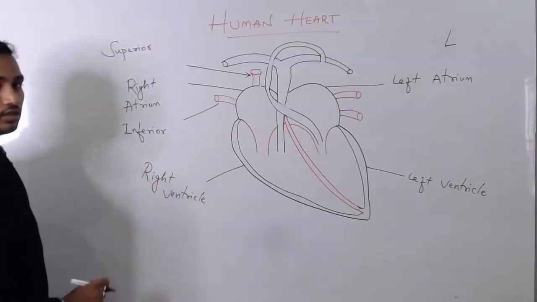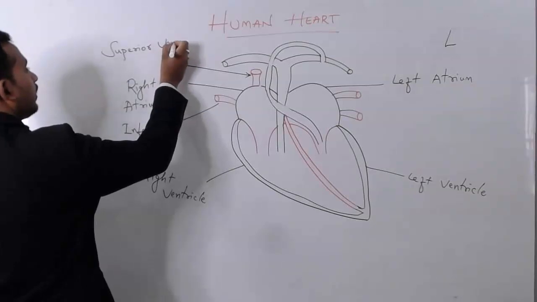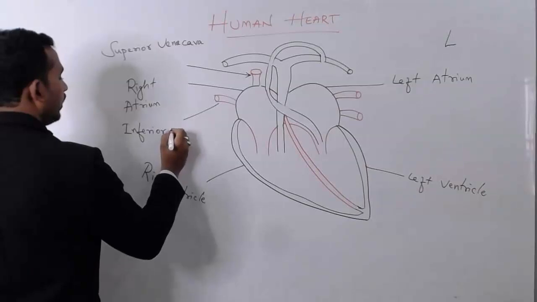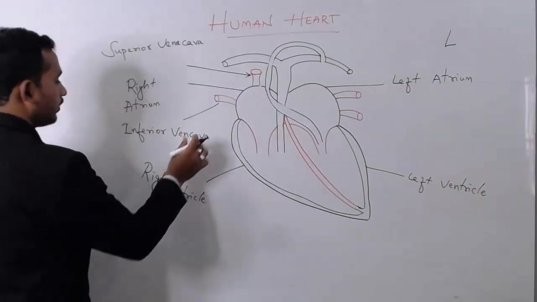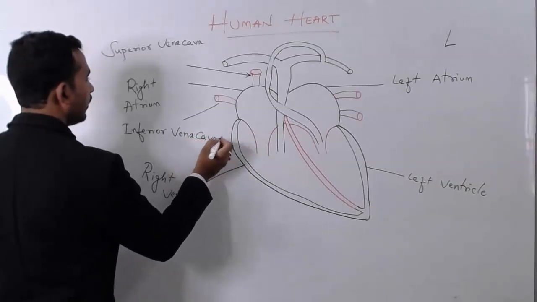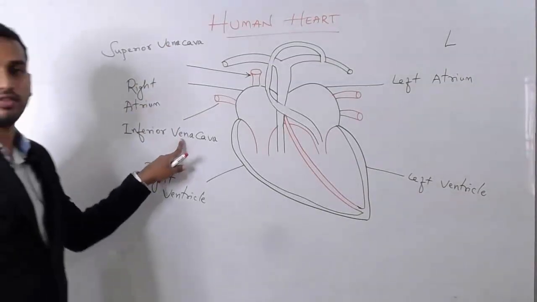Remember the difference, children. This is superior and this is inferior. This is superior vena cava, and this is inferior vena cava.